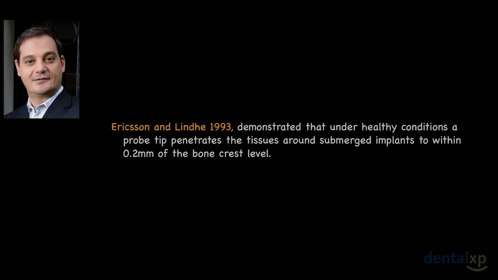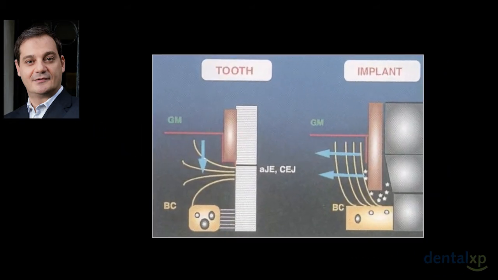If we look at Ericsson and Lindhe in 1993, they showed without any doubt that when you take a probe and put it around a tooth, exactly as I mentioned before, you can see fibers that hold the probe away from the bone.